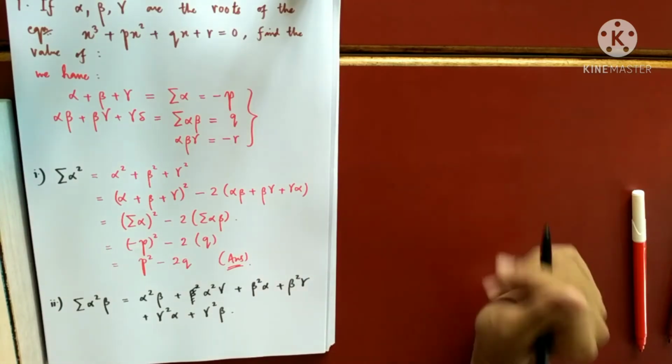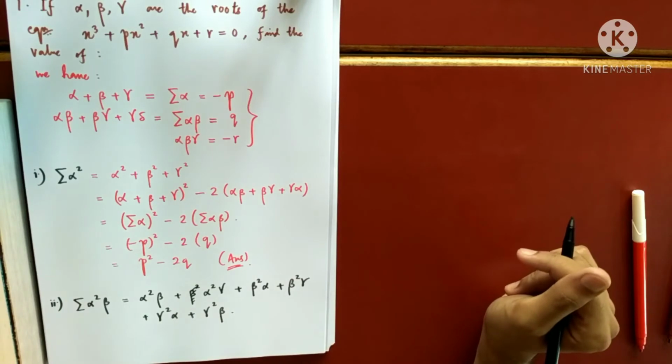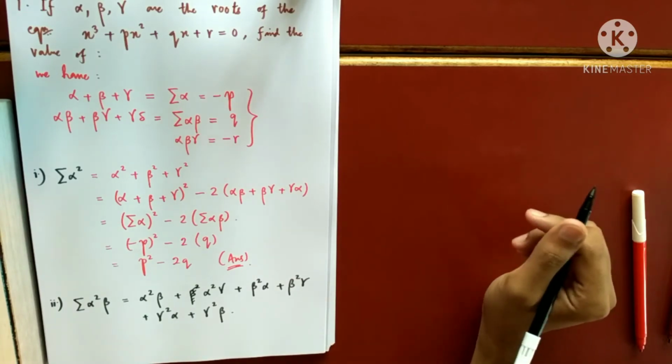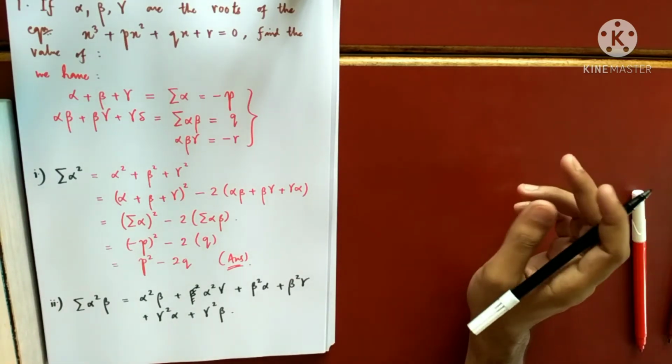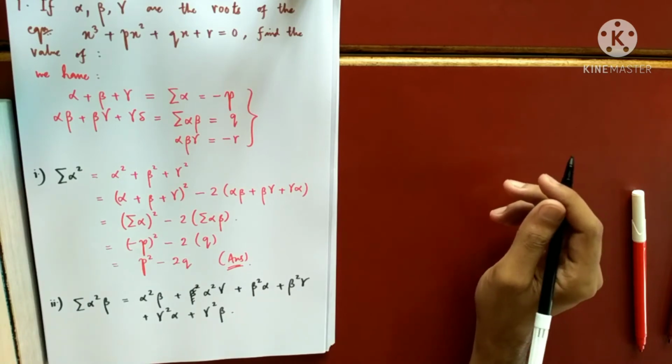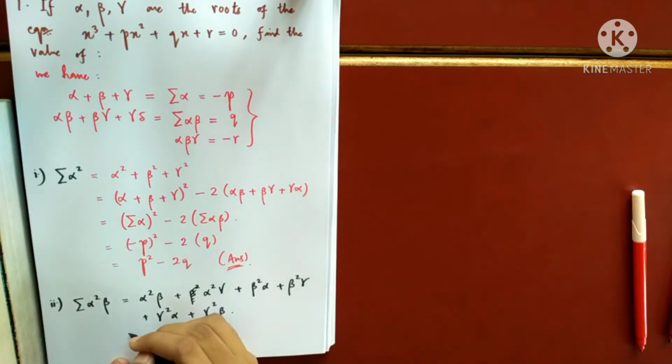Okay. Next, how can we simplify this? I'll give you a hint. Take summation alpha with summation alpha beta. Imagine alpha square beta as alpha into alpha beta.